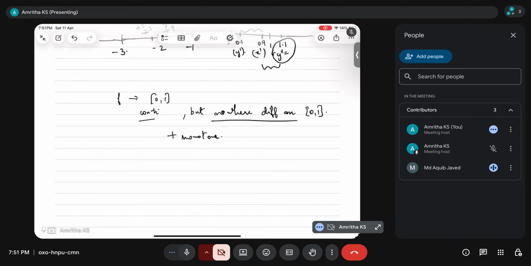Continuous plus monotone. So monotone function.